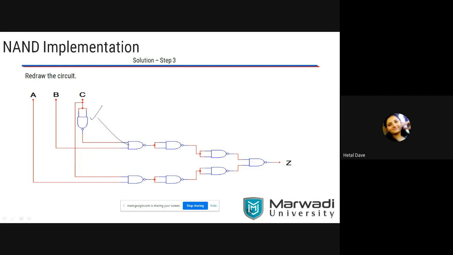We have replaced the NOT gate using one NAND gate, one AND gate using two NAND gates, and this OR gate using three NAND gates. So second step, replace AOI, meaning AND, OR, and inverter, using its equivalent NAND gate circuit and redraw the circuit.